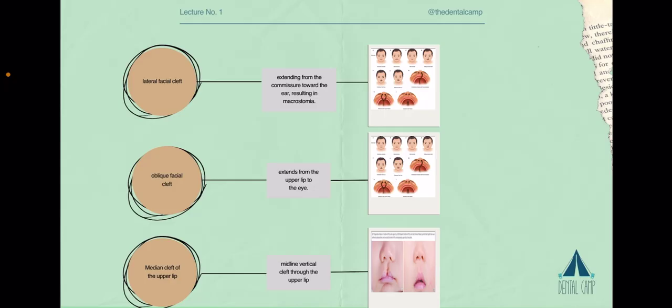This cleft may be unilateral or bilateral, extending from the commissure toward the ear, resulting in macrostomia. Oblique facial cleft extends from the upper lip to the eye. The median cleft of the upper lip is an extremely rare anomaly that results from failure of fusion of the medial nasal processes.